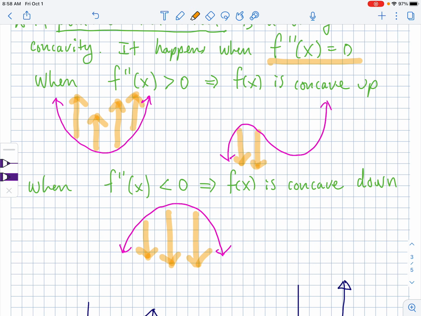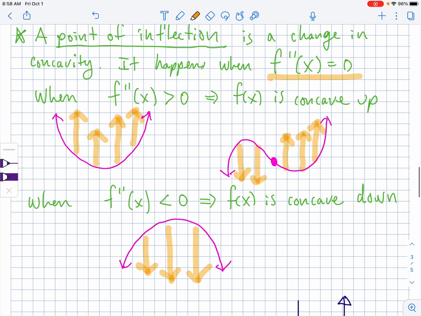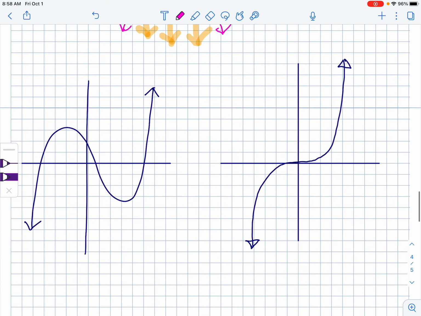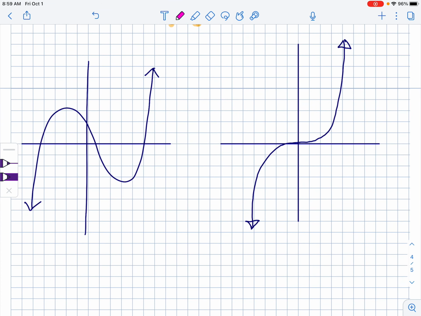Put little arrows on it. So going down, down. But then right around here, it switches from concave down to concave up. So this inflection point is right here. This is called an inflection point. Also, sometimes the book spells inflection like that, which is kind of fun. Weird flex, but okay.